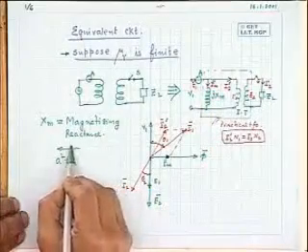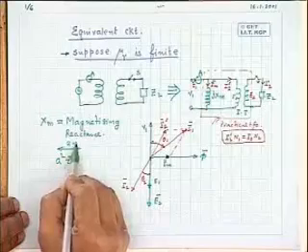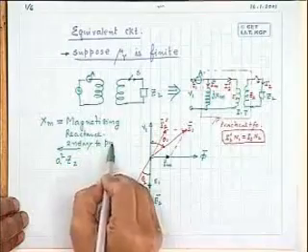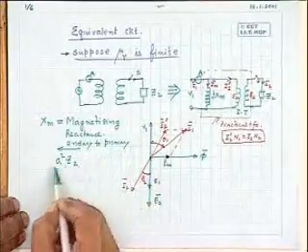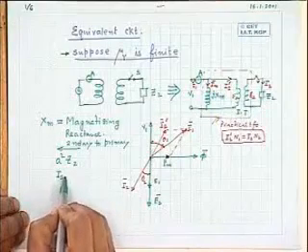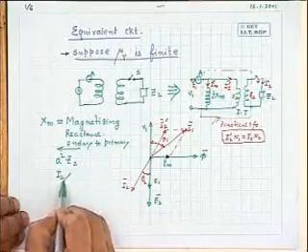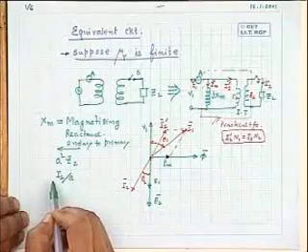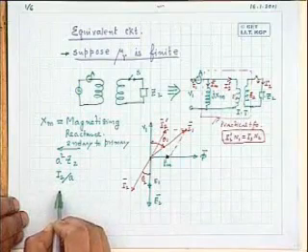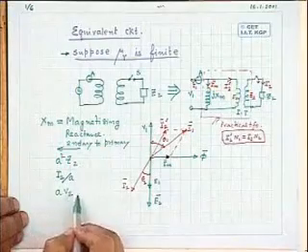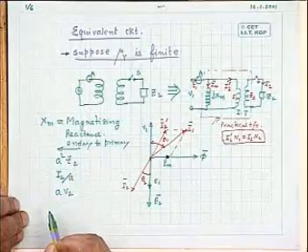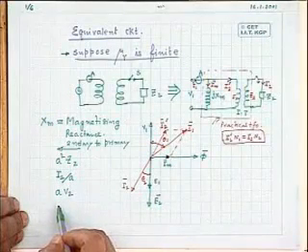Suppose you want to transfer quantities from secondary to primary: any impedance should be multiplied by A squared. Any current should be divided by A, so I2 dashed you get by actual current divided by A. And any voltage? You have to multiply the actual secondary voltage by A, then you get V1, that is V2 by N2 into N1.